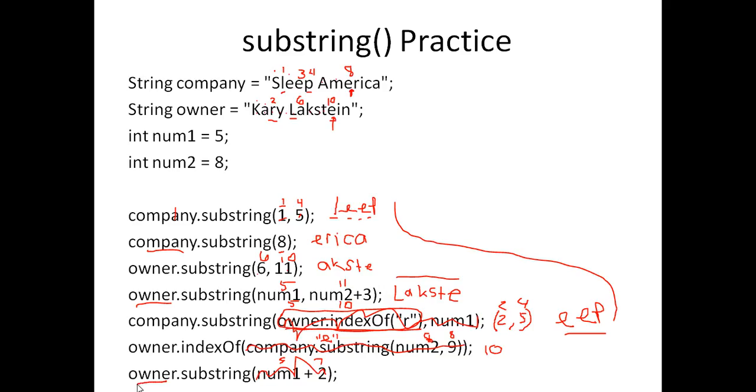So we go to owner, find 7, which is right here, the K, and then it goes all the way to the end. So K Stein, we'll say K Stein, is what that extracts.